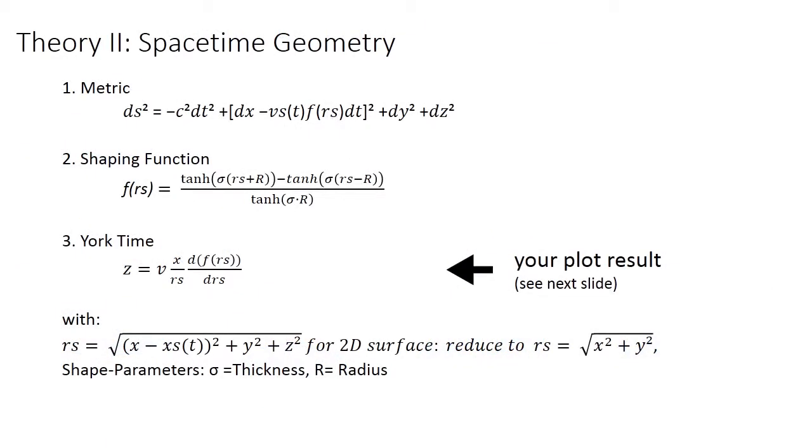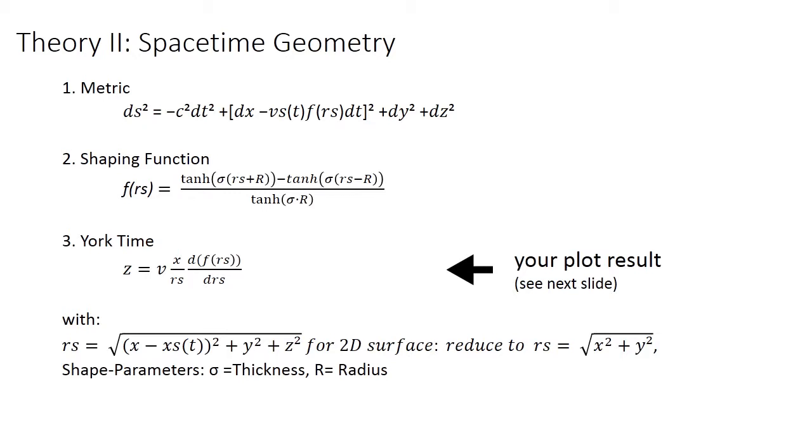Let's focus now on the space-time geometry for the bubble. So first what we need is a metric. What is a metric? A metric consists of 4 dimensions. First is time t, then we have x, y and z for the space coordinates. And then we have a shaping function.